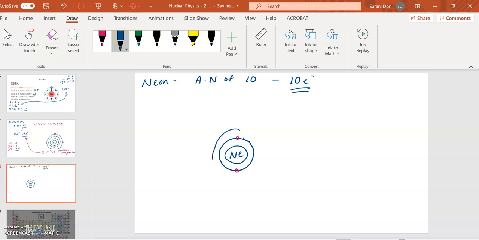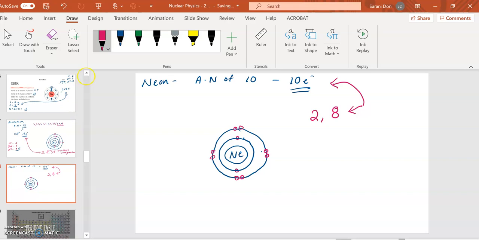So we're going to draw another shell. And the second shell can hold up to 8. So the first shell has 2, the second shell has 8, and 2 plus 8 gives you 10. So we don't need to draw any more shells. The first shell is completely full, and the last shell is also full. And that's how you draw it.